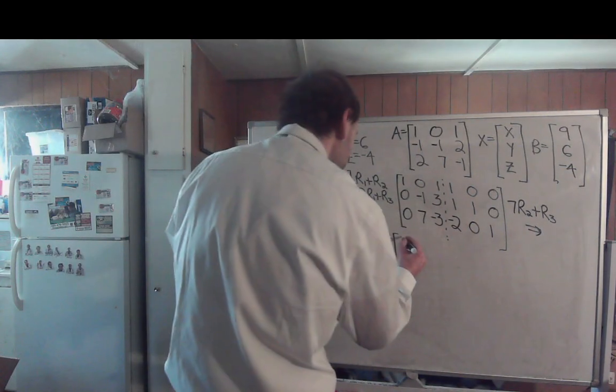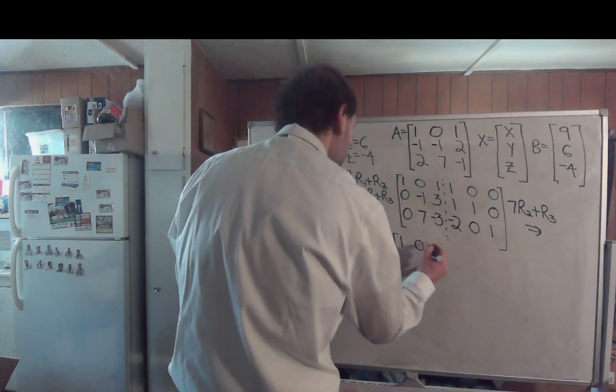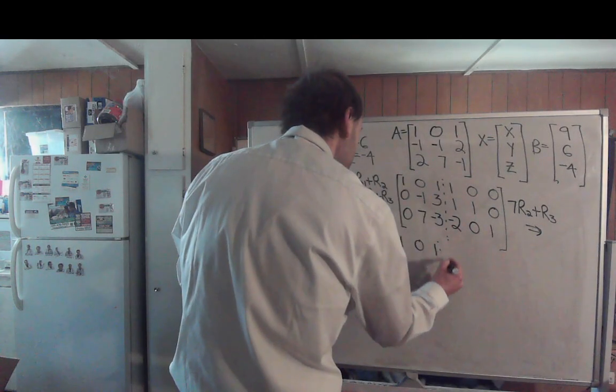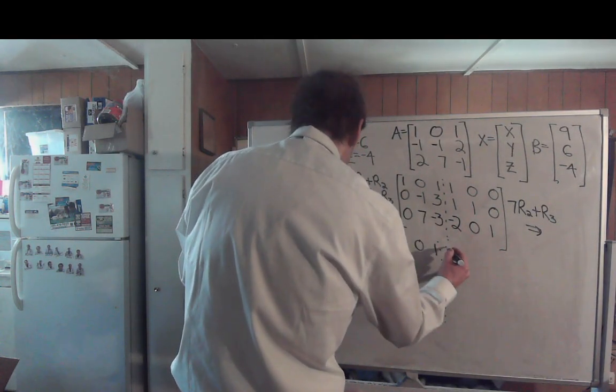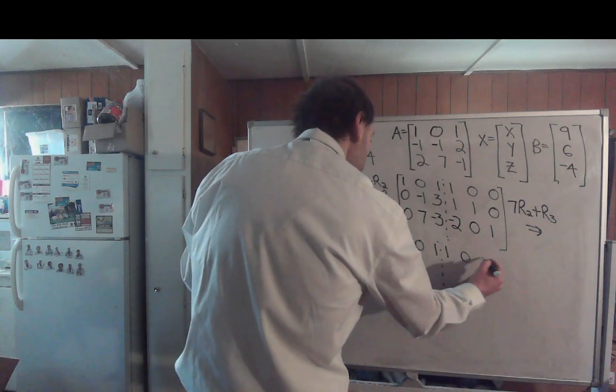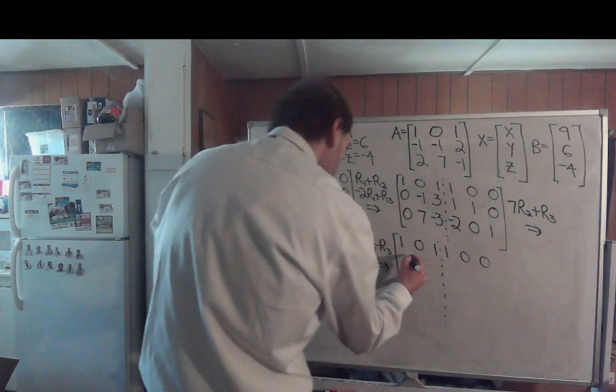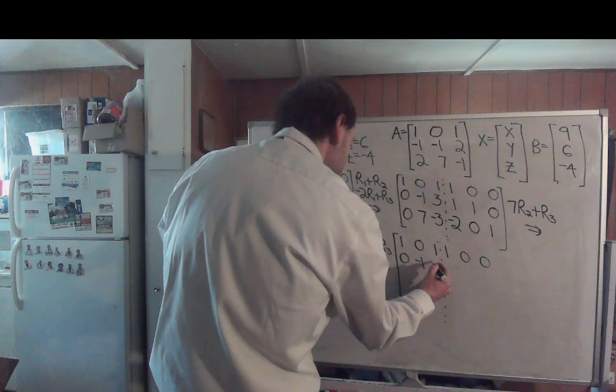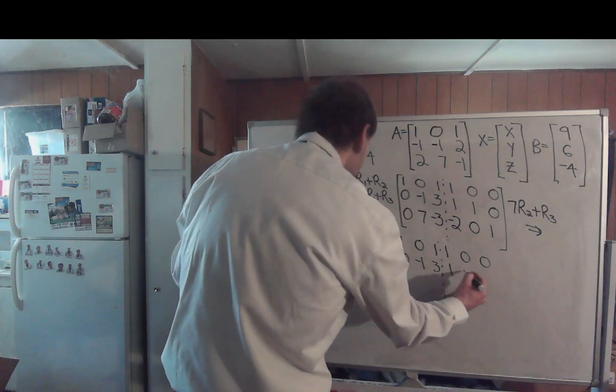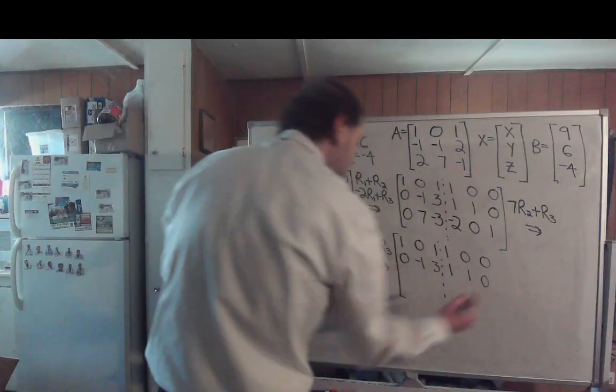So row 1 stays the same, for the time being at least. Okay. So row 2 we still haven't affected just yet. That's still staying the same for this part at least. But what about row 3?